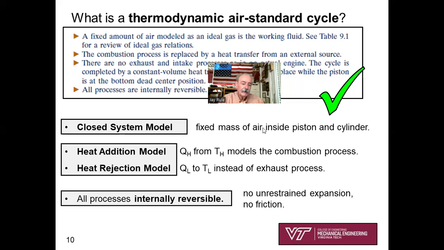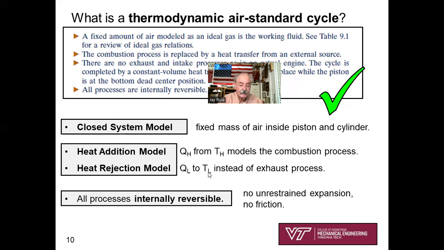I talked a little bit about the combustion process. In all internal combustion engines, there's combustion going on. For our thermodynamic model, we're going to model that combustion as adding heat, QH, from some high temperature heat reservoir, TH. That's going to be a model for what's going on in the real world, and the model's going to be pretty good.